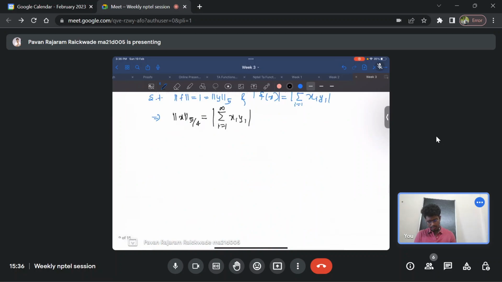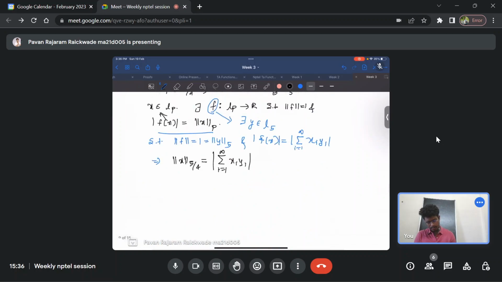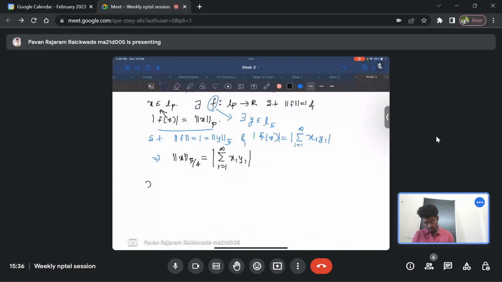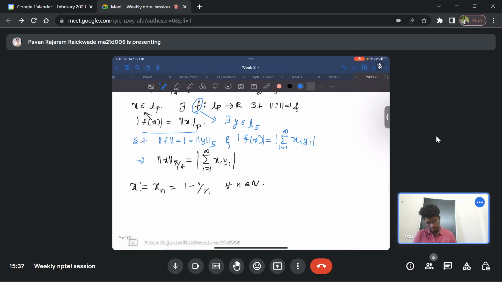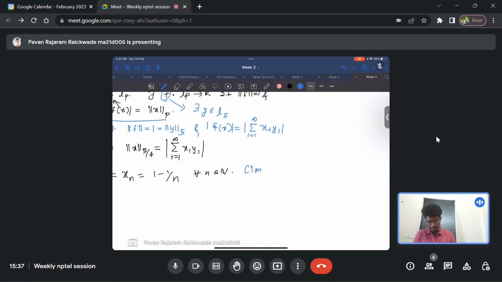We'll see the third one now. X is defined as xn simply equal to 1 minus 1 by n. The claim is, not claim, I mean to verify.